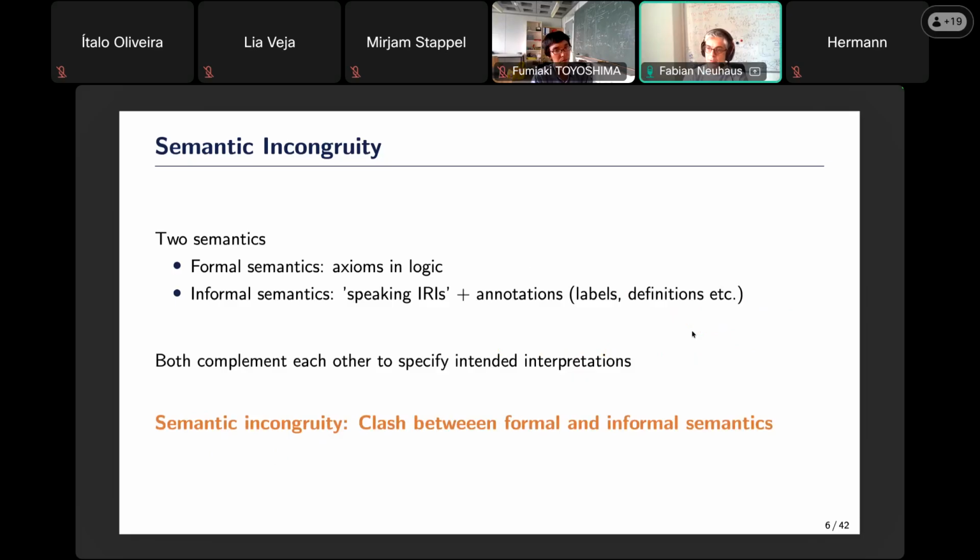The two semantics complement each other, and are supposed to provide you the intended interpretations. But if there's a clash between them, then this is a form of bug, which we call semantic incongruity.